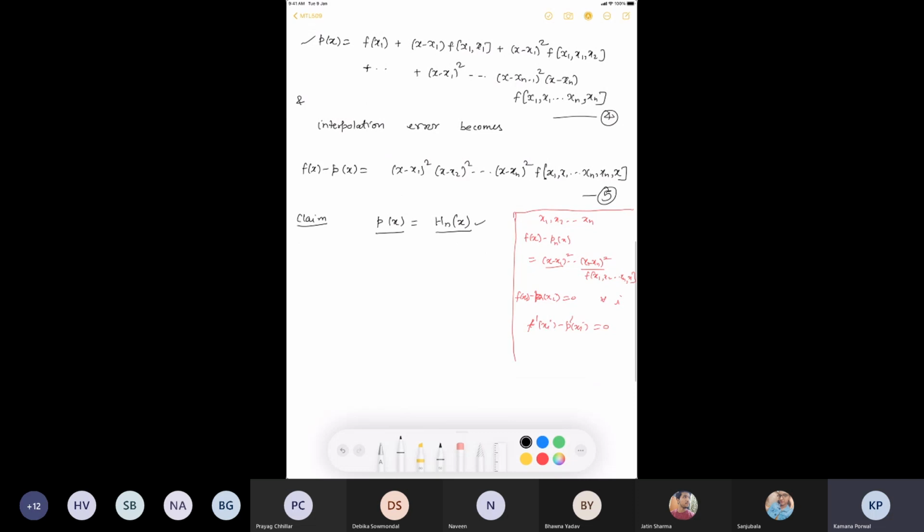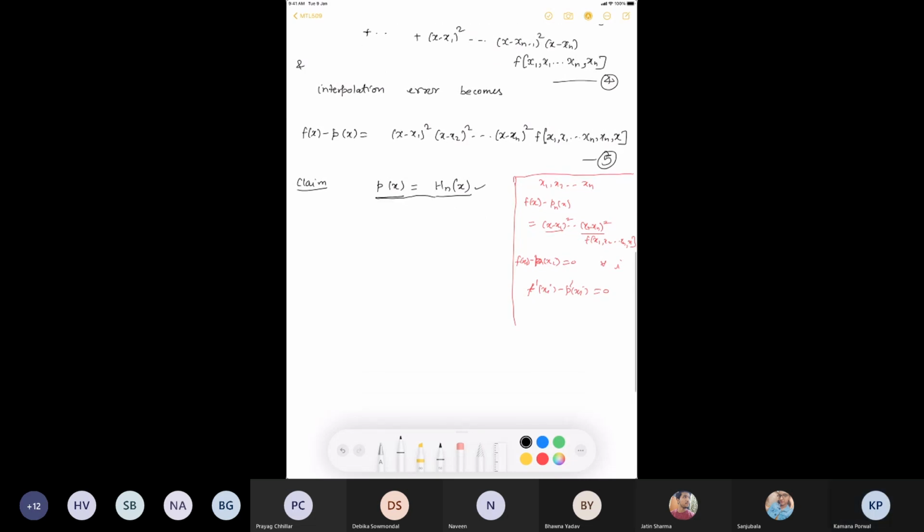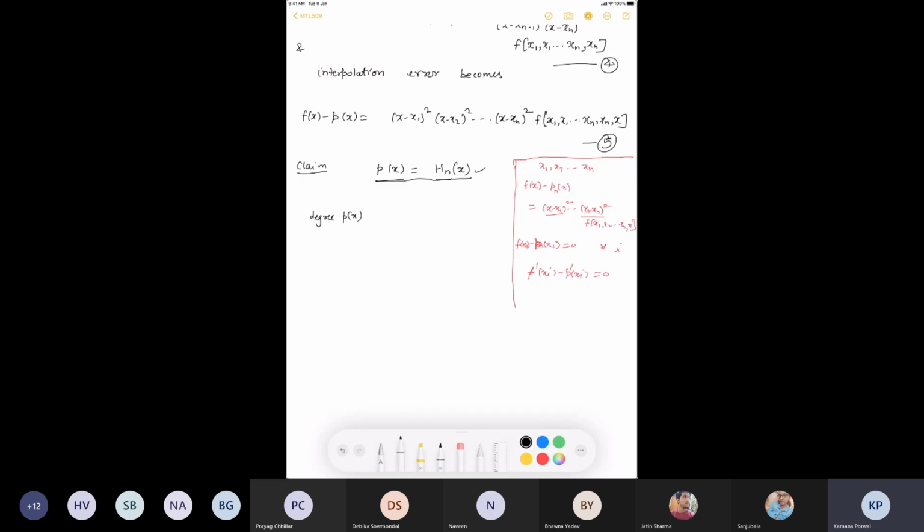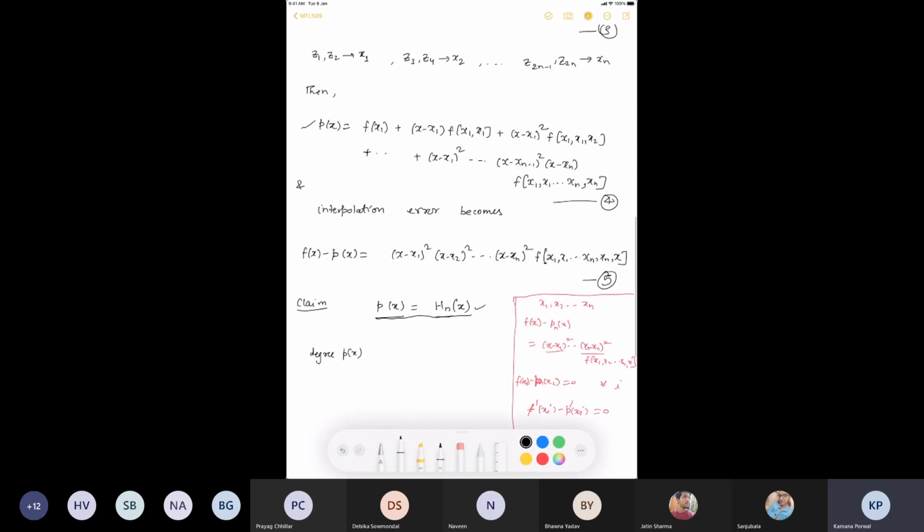We have proved the uniqueness of that in the last lecture. So to verify this, we just have to observe the degree of the polynomial p(x), and whether it interpolates the same data as Hn(x). So what is the degree of p(x) first of all?